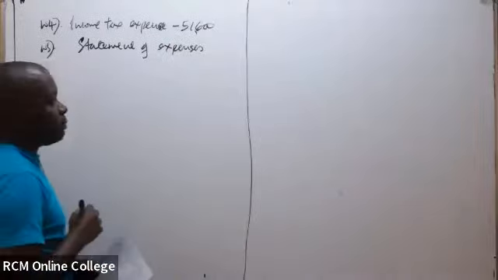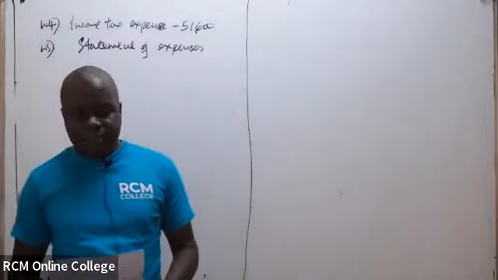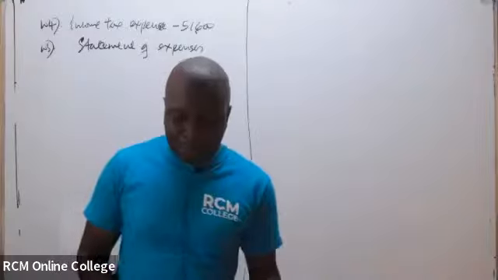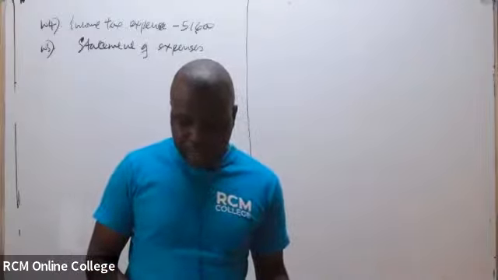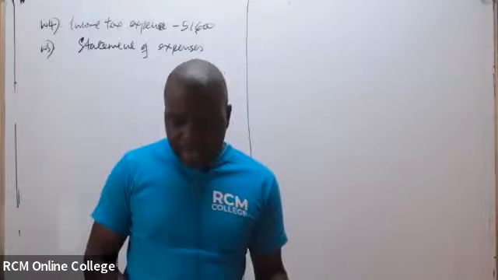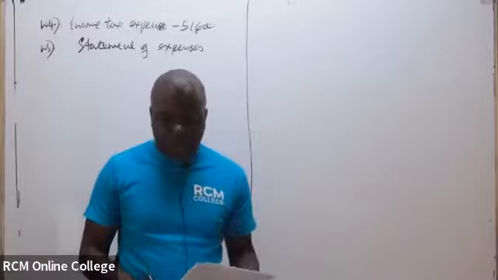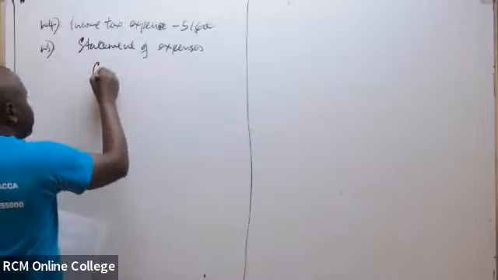And this one will be guided by what you've been provided as the different expenses in the trial balance, or what has arisen in the workings, or in the additional information. The predominant expense we are talking about is the cost of sales.